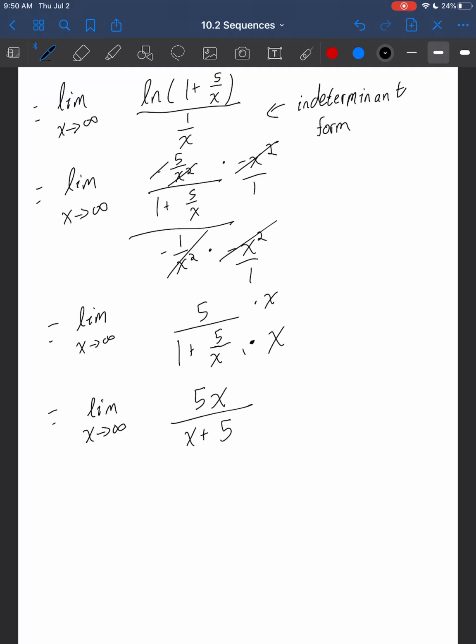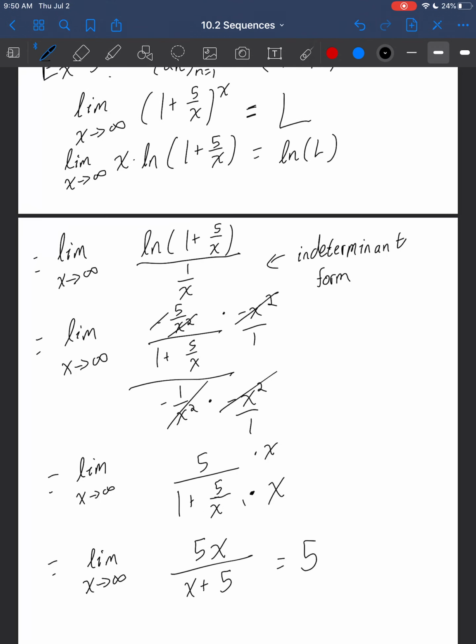This is a polynomial. It's 5x over x plus 5. They're both lines. And so what I can do is use my polynomial rules for dealing with this limit at this point. They have the same degree. They're both degree 1. My leading coefficients are 5 and 1. And so we know that this limit is going to be 5.